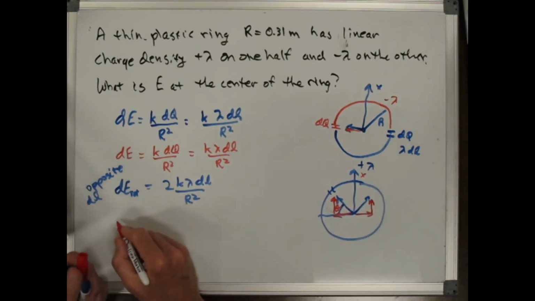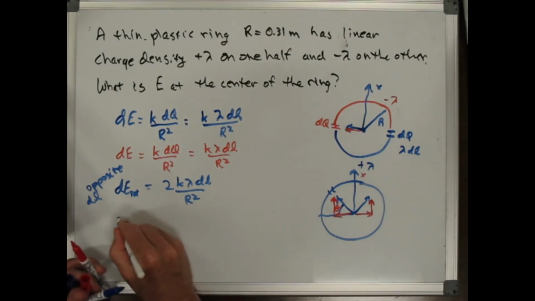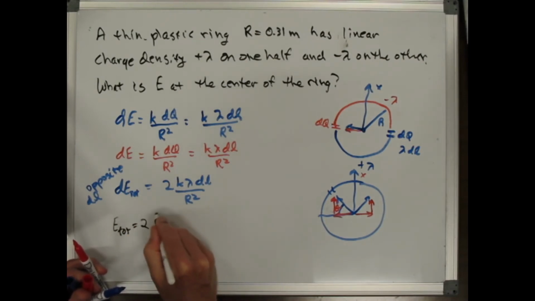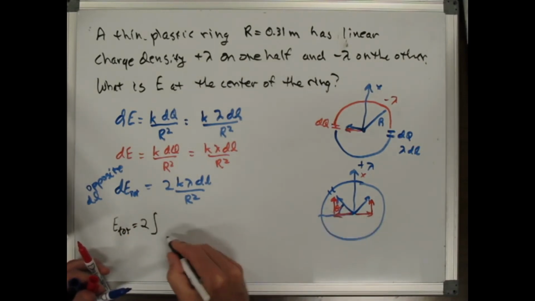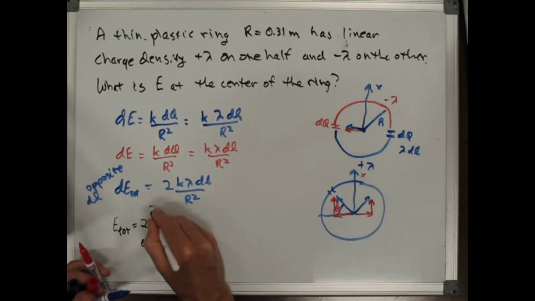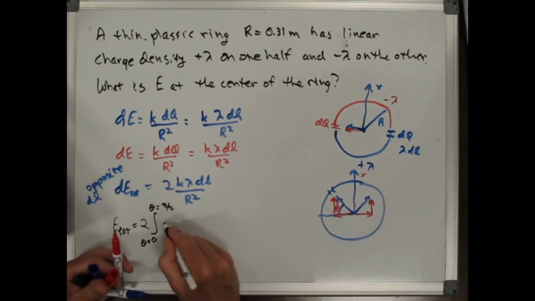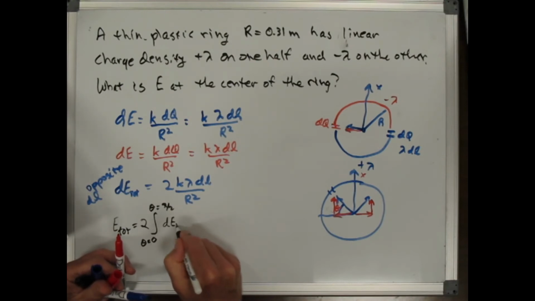So to get E total, it is twice the integral from theta equals 0 to theta equals pi over 2, in other words from here to here, of dE total.